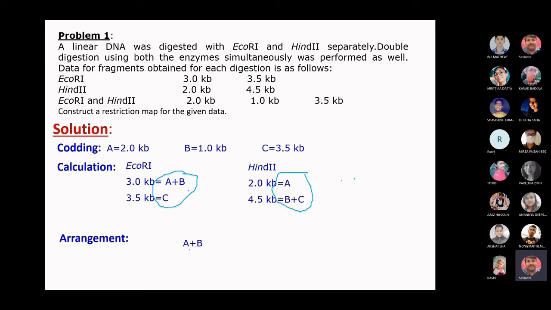And now common sense will help you. The next fragment you will write is B plus C, but you will overlap B and C over the others. You can see B is overlapping with this B. Yes or no?